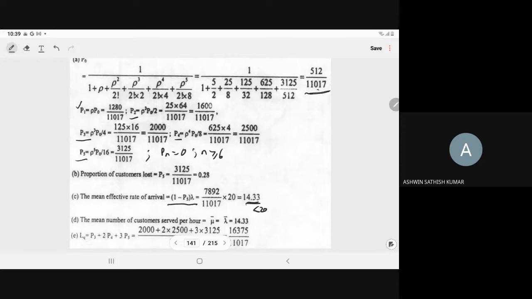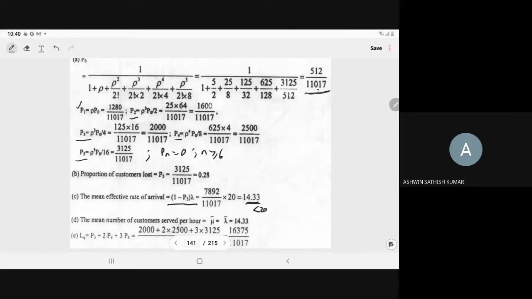So whatever the difference, that is the lost customer. Actually this many customers are joining, the rest are the lost customers. They are eager to take the service, they are the prospective customers, but not able to take the service due to the limited waiting space, the system capacity.